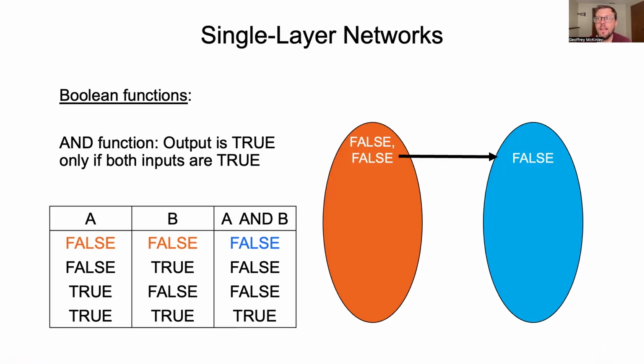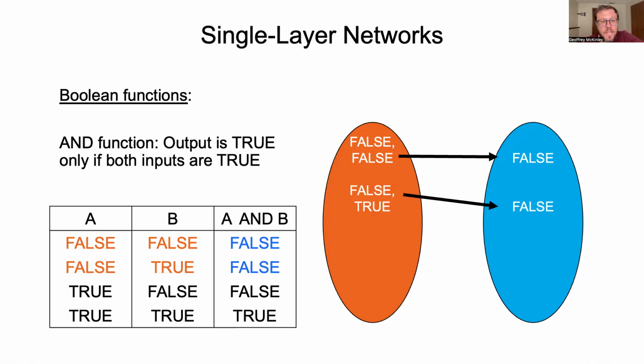Or you could say, if my boyfriend gives me chocolate and flowers, then I'll kiss him. That would be like an AND function. But notice how if your boyfriend brings you just chocolate or just flowers, you're not going to kiss him. So if events A and B are false, then the output is false.